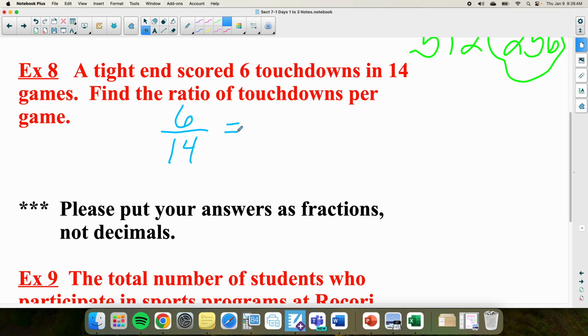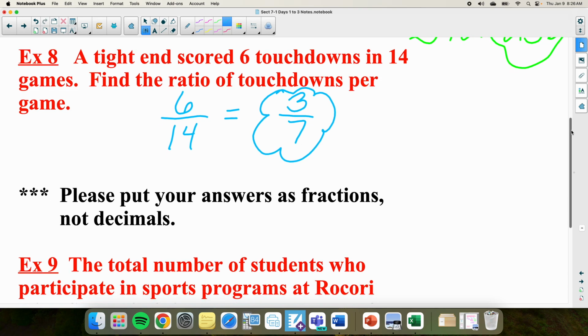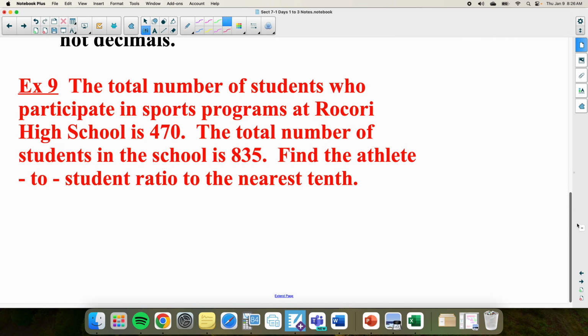What goes into 6 and 14? 2, right? 2 goes into 6 3 times, 2 goes into 14 7 times, and that would be our answer. So when there's small numbers like that, you certainly can do that, but you could use your calculator to check it. And never put them as decimals, even if, like this problem says, find this to the nearest tenth. I want you to always do it as a fraction, okay?